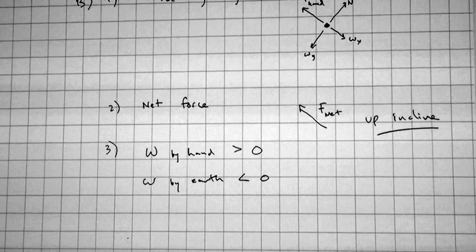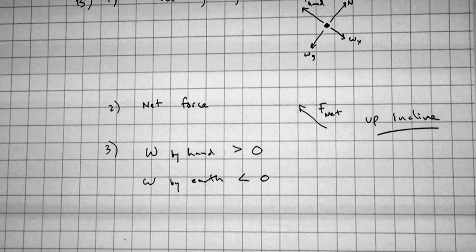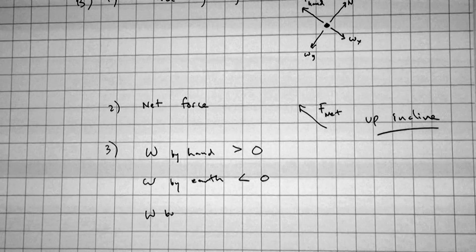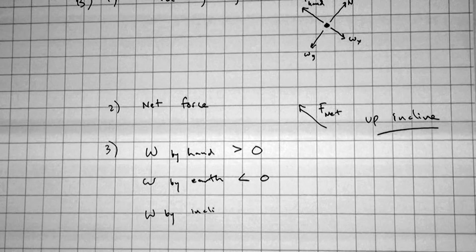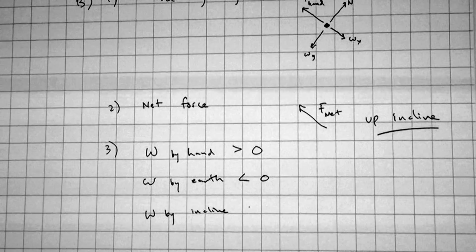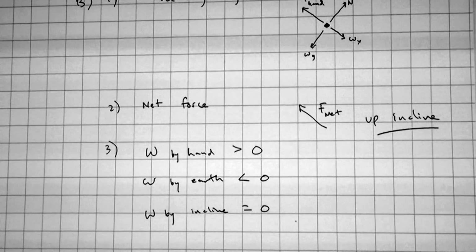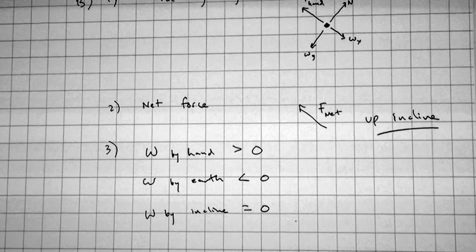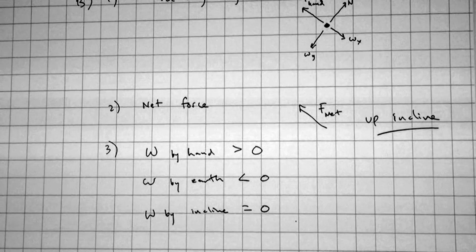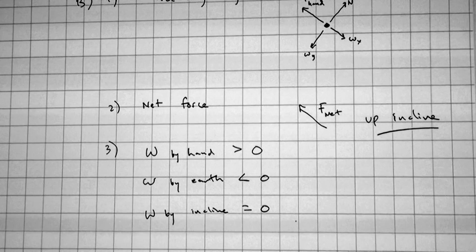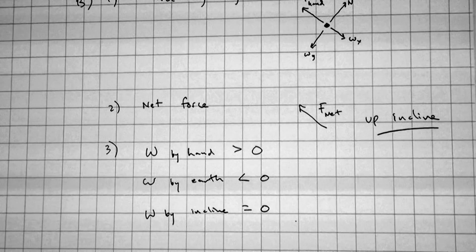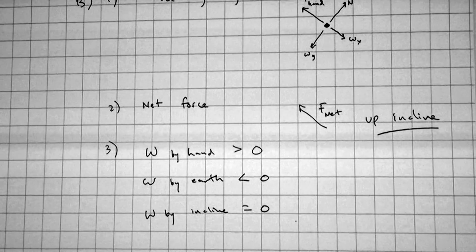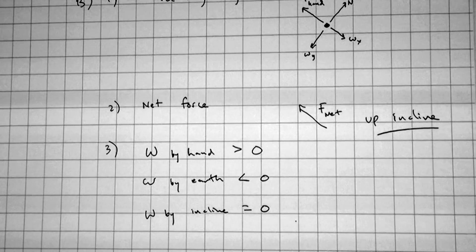And work done on the block by the incline. Zero, because it's just the normal force. There's no friction in this case, just the normal force. So it's not doing any work. Is there work done on the hand by the block?